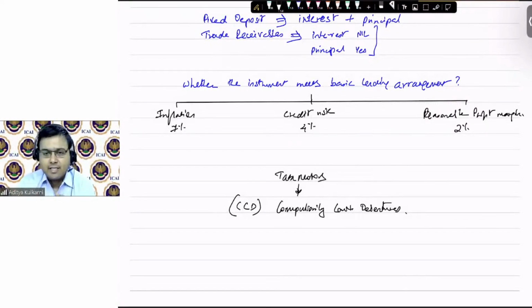See, if it is debentures, you are lending money to Tata Motors, right? So now you tell me, does a compulsorily convertible debenture meet a basic lending arrangement? If yes, how? Or does it not meet a basic lending arrangement? And how do you say so? Okay, answer this question.